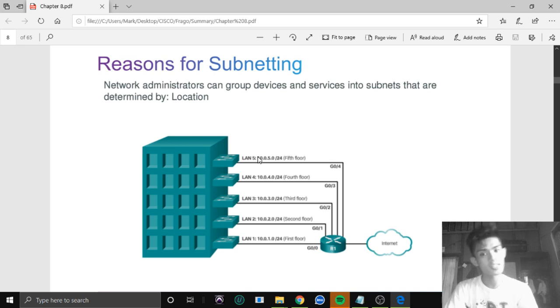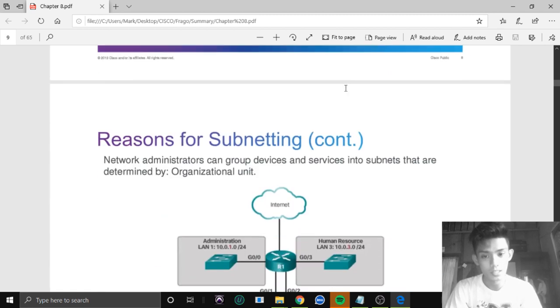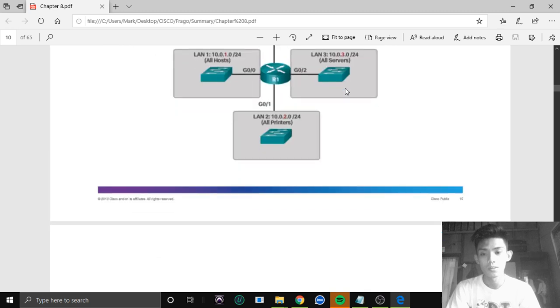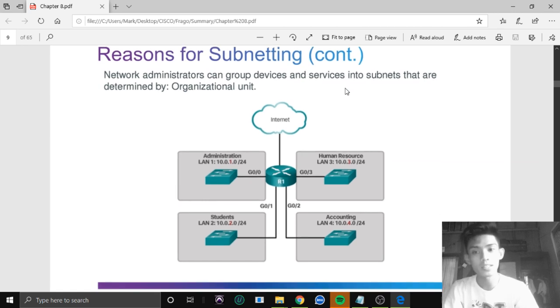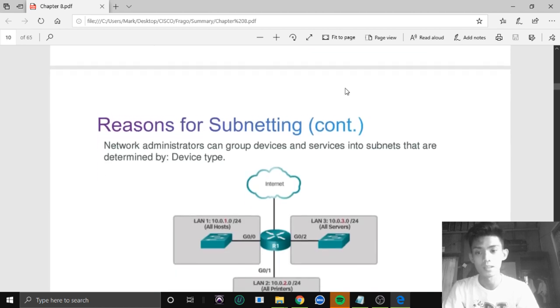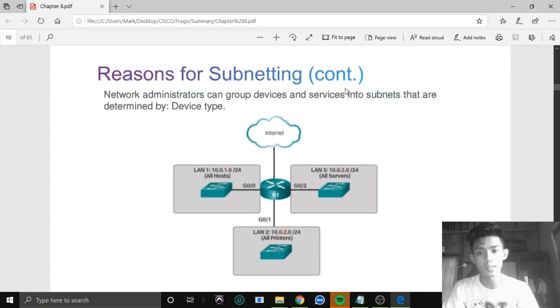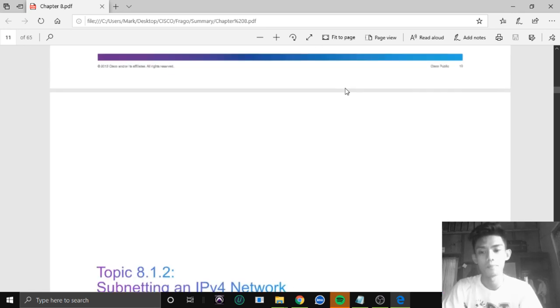Network administrators can group devices and services into subnets that are determined by location, by organizational unit, or by device type.